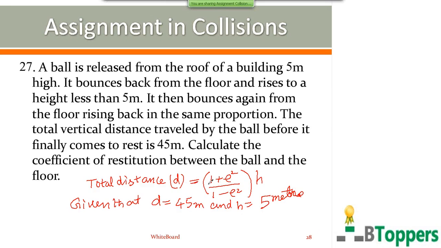I have explained the derivation in one special case in a separate class. That means the ball is dropped from certain vertical height h above the floor, and the ball makes repeated collisions with the floor, such that the ball moves only under influence of gravity between any two successive collisions. Then the total distance covered by the ball before it finally stops from the moment of its release is given by D equal to (1 plus e squared) by (1 minus e squared) into h.